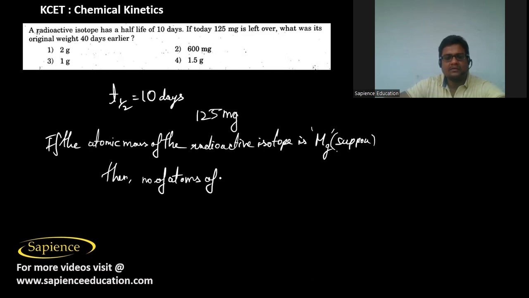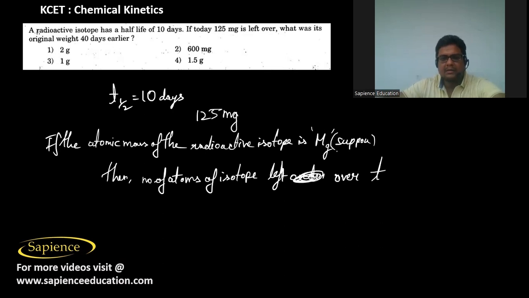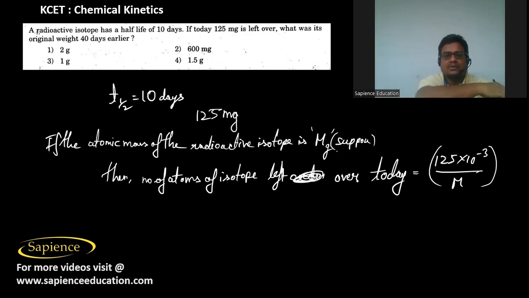Then the number of atoms of the isotope that is left over today will be equal to 125 into 10 power minus 3 gram by M. So these many atoms, or I can say these many moles, will be remaining.